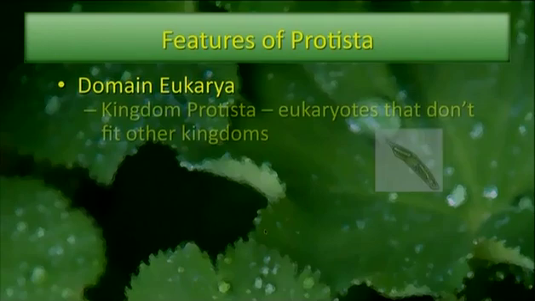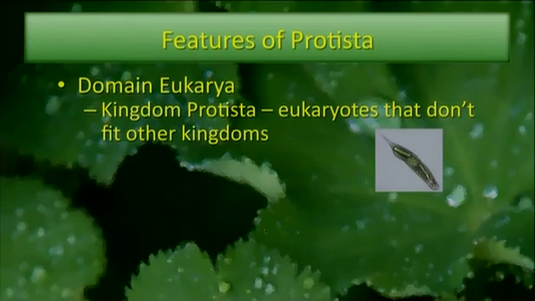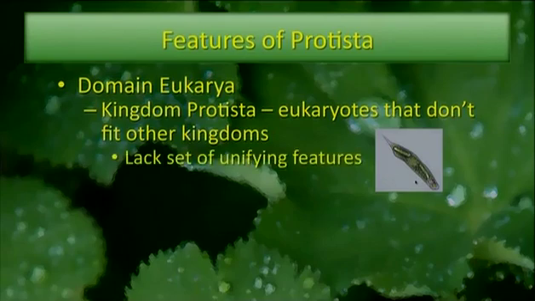Now the kingdom protista are eukaryotes that don't fit other kingdoms. They just don't. Here's a unicellular protistan. So kingdom protista is like a catch-all kingdom. They lack a set of unifying features.